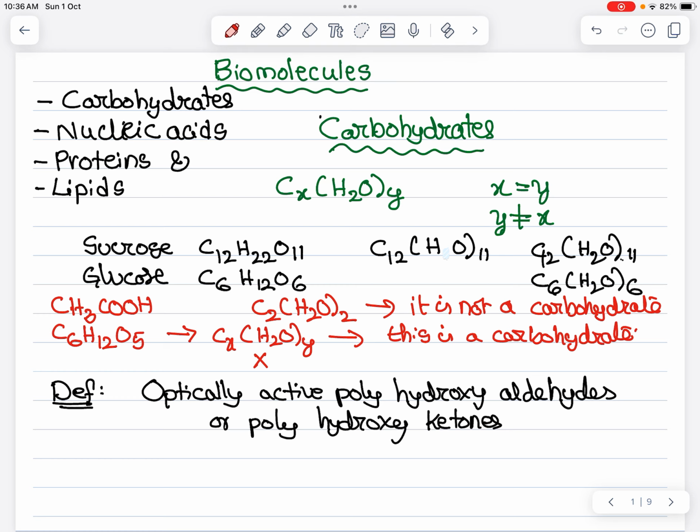Here we know that poly means many, hydroxy means several OH groups, and it has to contain either an aldehyde group or a ketone group.